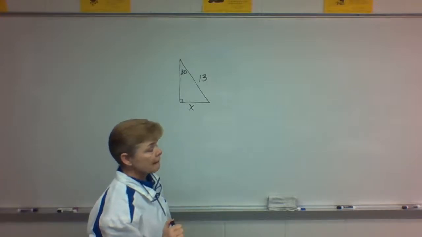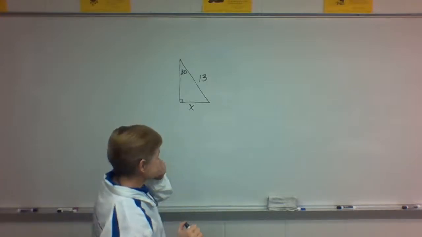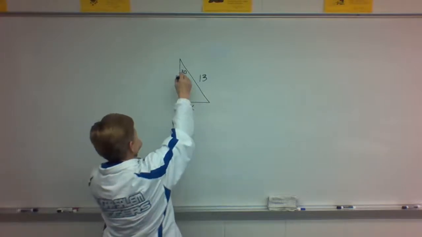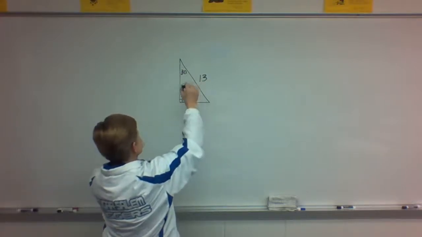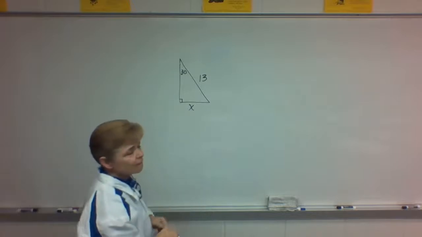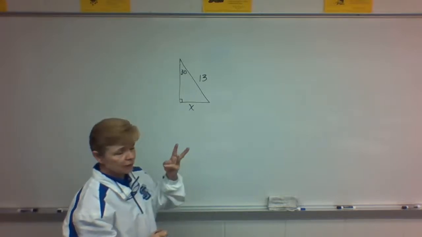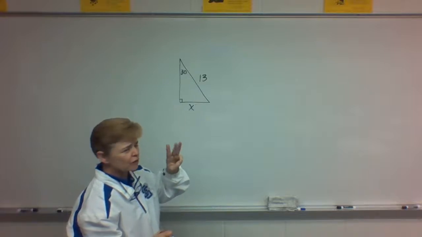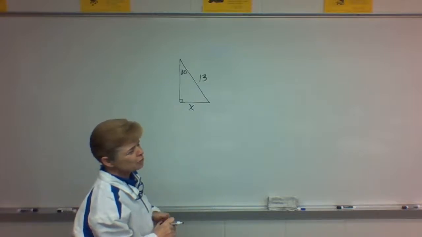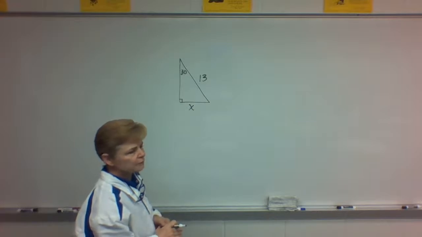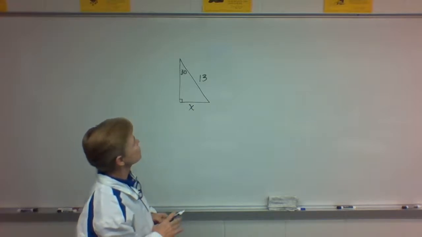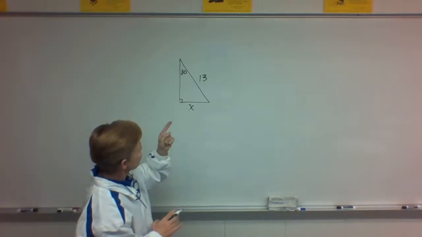So what you've got to do is take the angle, the side you know, and the side you'd like to know, and figure out which trig function relates them. And it will always either be sine, cosine, or tangent. You're limited to these three when you're trying to solve for X. You could use the others, but you don't have a button for it, so you might as well not. What relates that angle 30 with that X and that 13?